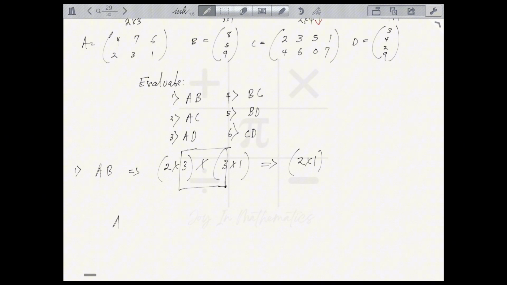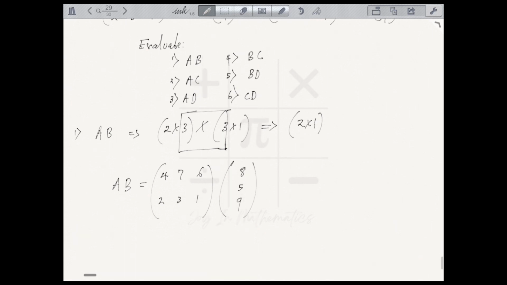So for AB, the 2 by 3 matrix is 4, 7, 6, 2, 3, 1 multiplied by B, which is 8, 5, 9. Now we know the result will be a 2 by 1 matrix.